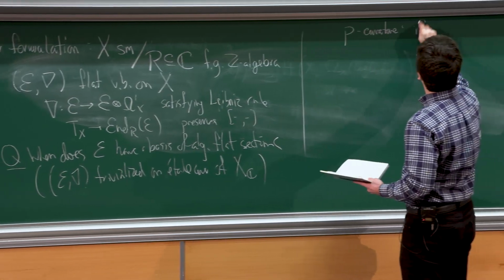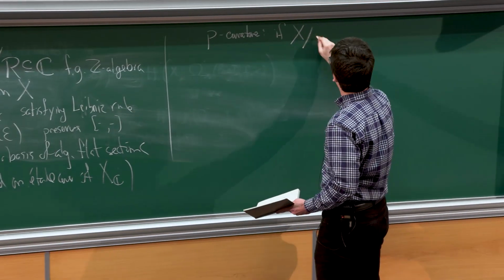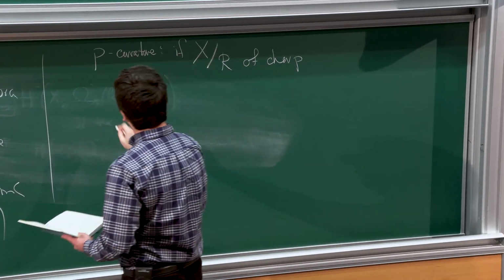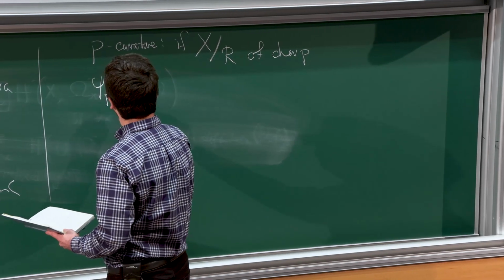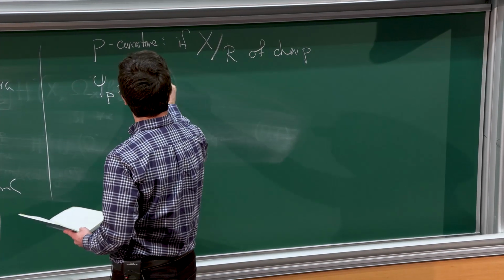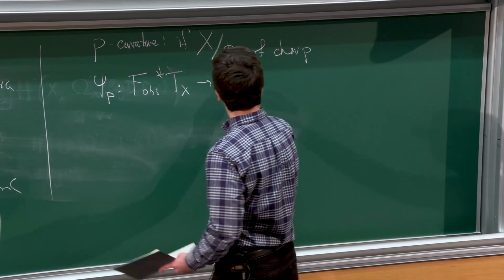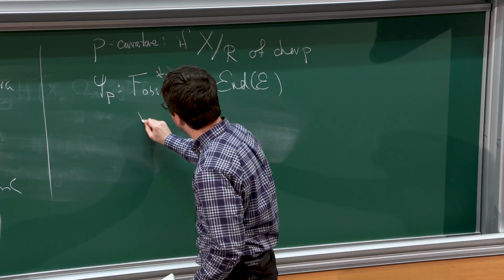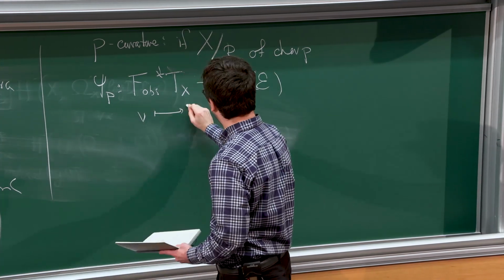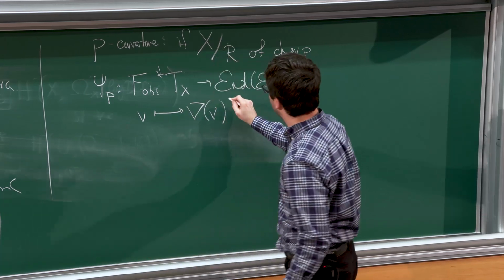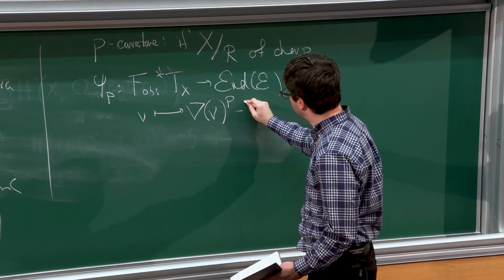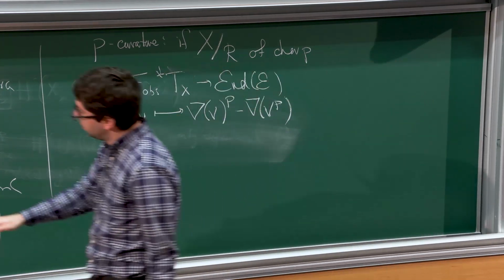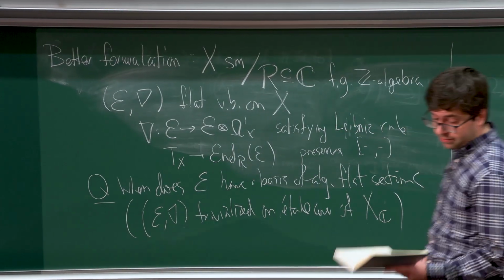So if X now is over a ring R of characteristic p, you can define a map called C_p, which is a map from the Frobenius pullback of T_X to End E. And what is it? Well, it's induced by sending a vector field V to differentiation along V, p times, minus differentiation along the pth power of V. So this map is 0 if this map respects pth powers.